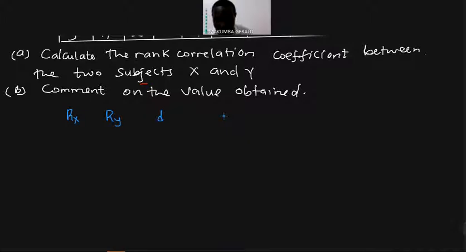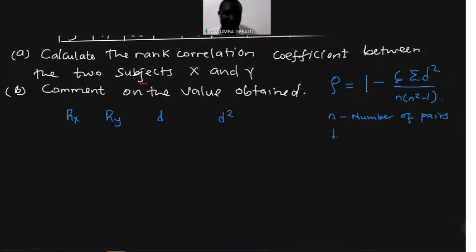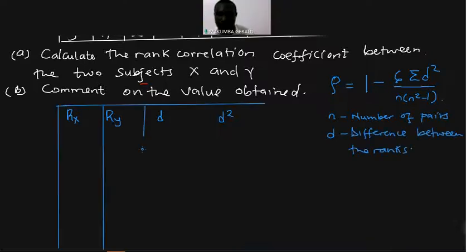Then we shall have D squared, because according to the formula, rho is equal to 1 minus 6 summation D squared all over N into bracket N squared minus 1. N is the number of pairs, D is the difference between ranks. Okay, so have our table.